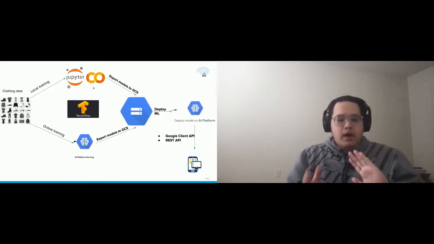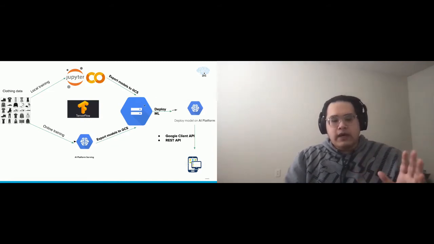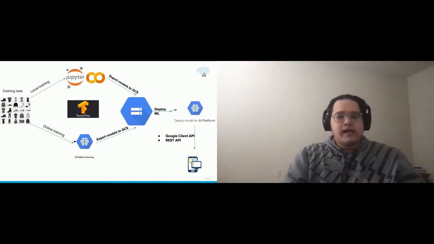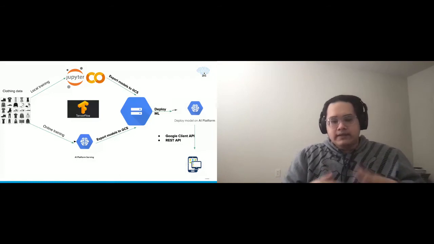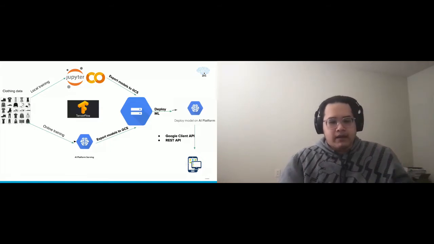However, no matter which way you train the model, at the end you have to export your model to Google Cloud Storage, because when you request GCP to deploy your model, GCP will look at GCS, the Google Cloud Storage, for your pre-trained models and deploy them as a REST API, so that, let's say, your app or website can reach out and make predictions.